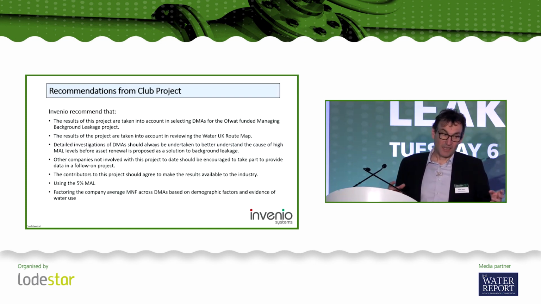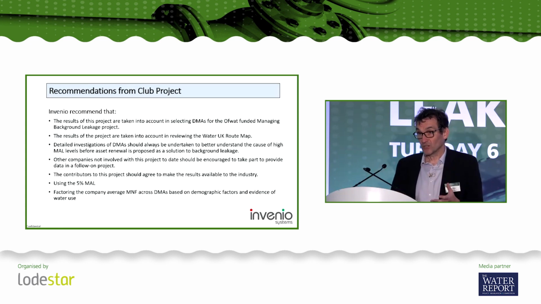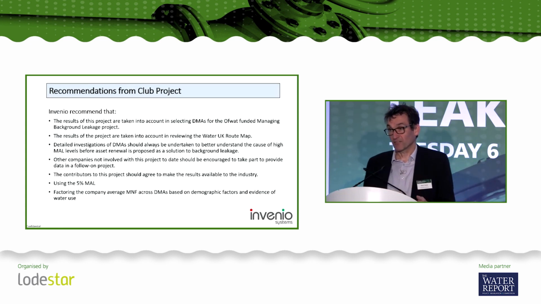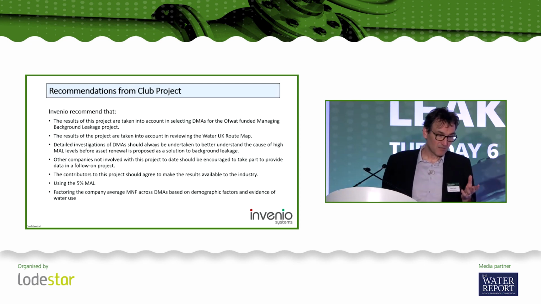So a continuation of this project in some form involving smart meter data could help to get a better understanding of what background leakage actually is. Out of those, that's probably my key thing that we should go forward with.